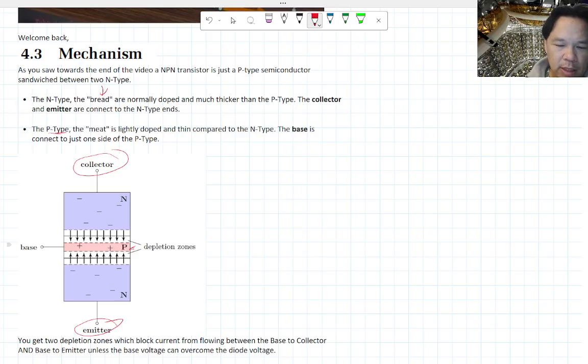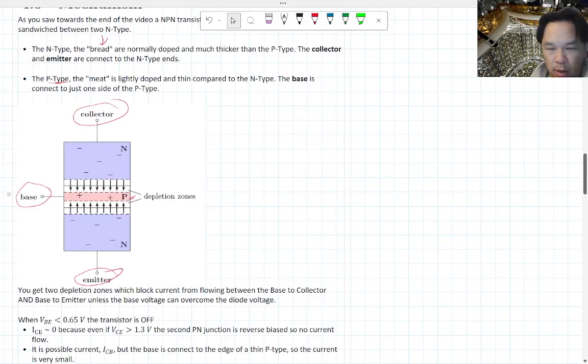The connector that you're going to see from the outside as a device is called the base, and hopefully the name will also become obvious once I describe the purpose of these connections to these three parts of the transistor.